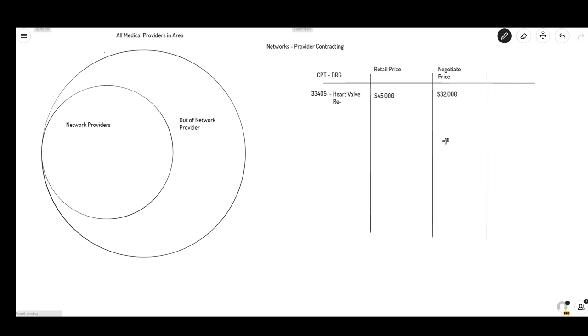So why would a provider do this? Well, one of the arguments is that the insurance company would help them get volume. By accepting the network contract, the insurance company will then direct members to that provider, so that provider can perform those medical services, and they would be able to perform more of them. It also gives them a little bit more guarantee of payment because these are obviously big numbers, and if I'm wrong on the association between the price and the procedure, I'm not wrong in that there are a number of procedures that cost this much money and quite a bit more.